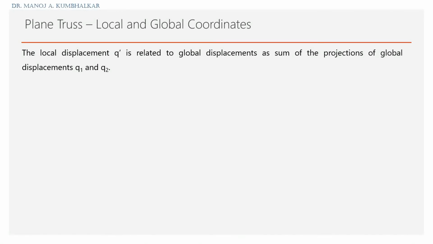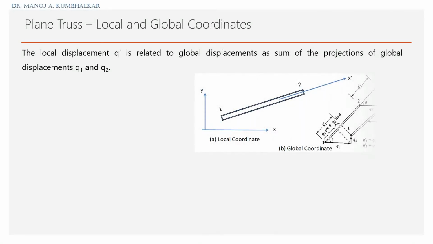The local displacement q dash is related to the global displacement as the sum of the projections of the global displacements Q1 and Q2. In the given figure, this is the local coordinate having node number 1 and node number 2. The local coordinate defines deformation only in the x direction, that is in the direction of the element.